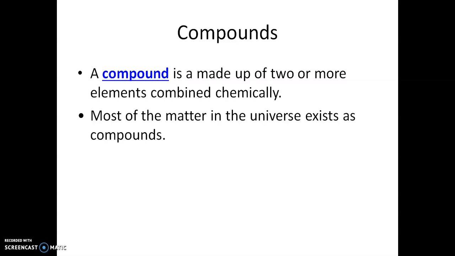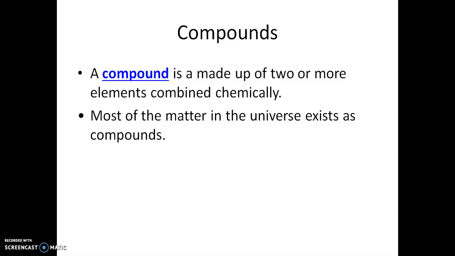Okay? Gold is always connected to something else. It's connected to sulfur. It's connected to copper. It's connected to other things in real life. Okay? So usually what you find when you pick up something, it's not going to be just an element. It's going to be a compound or a chemical mixture of elements.